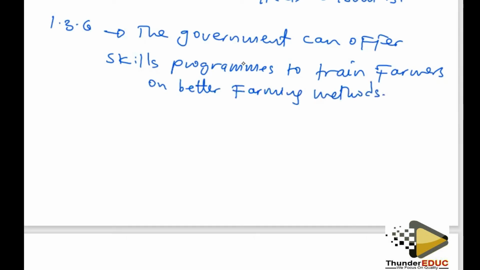So this means that farmers, if they are trained in better ways of farming, this could improve on maize production.